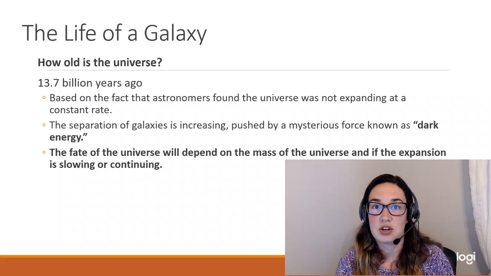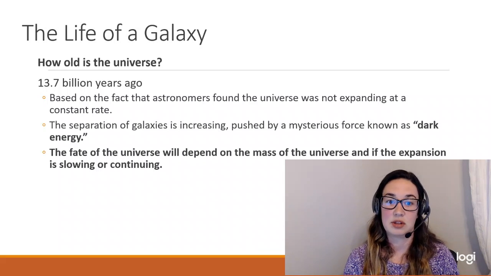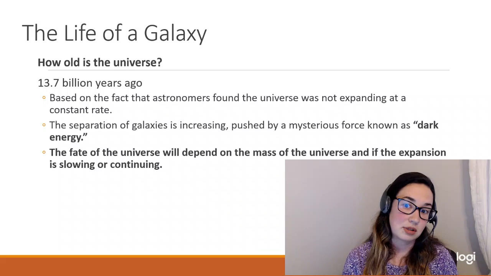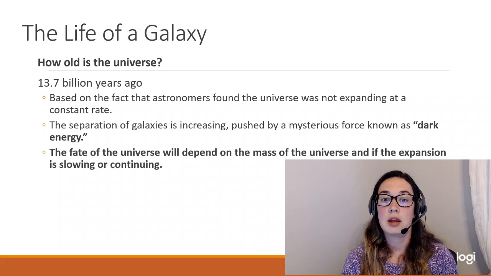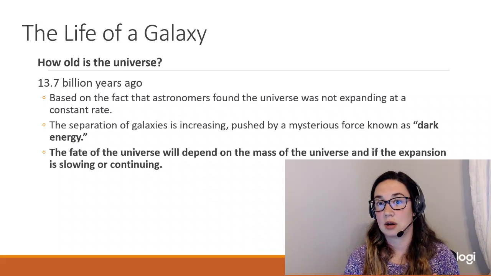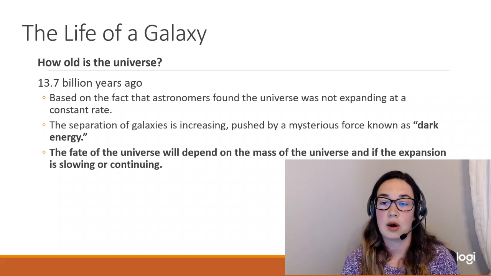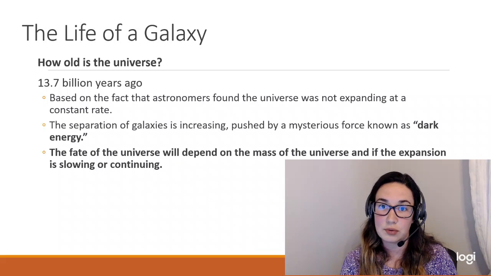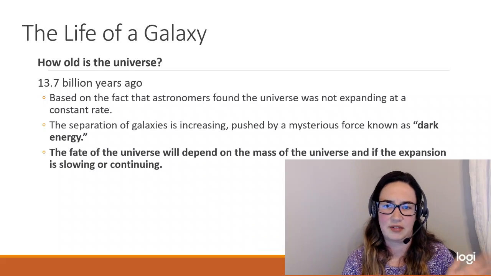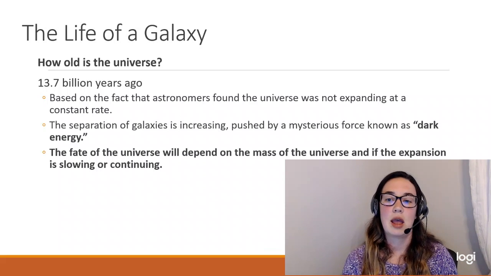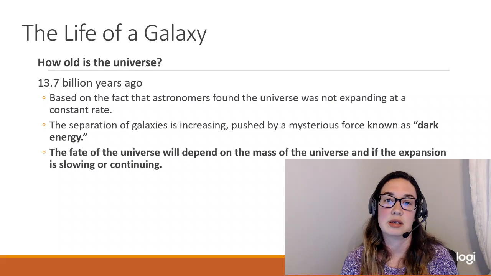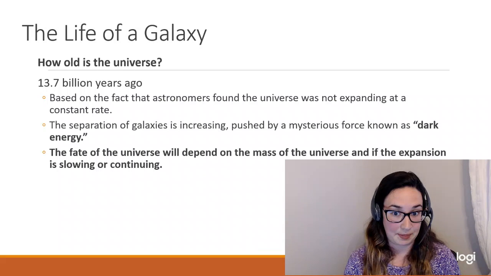Also, the separation of galaxies is increasing. This is being pushed by a mysterious force, known as dark matter. So galaxies are separating at an increasing rate. And we don't know about this mysterious force known as dark energy. I think if I said dark matter, I meant dark energy. We're not sure, but it is helping the galaxies separate.